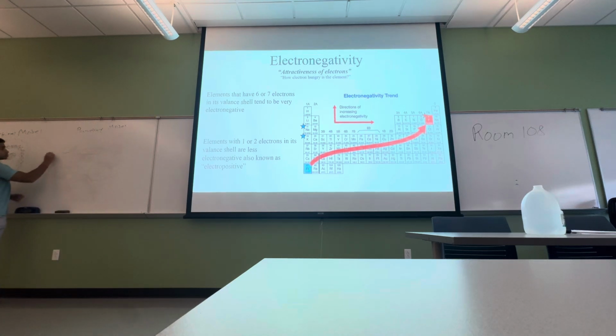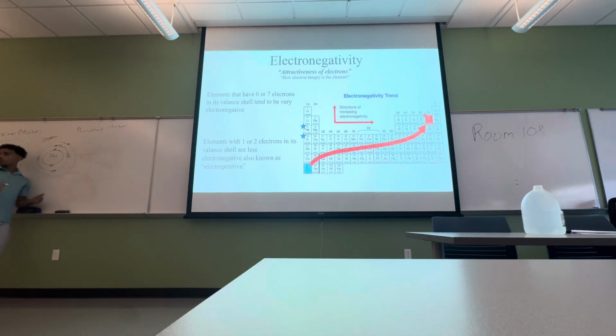Sodium has 11 electrons. So the first orbital is going to have 2 electrons. The second one's completely filled with 8: 1, 2, 3, 4, 5, 6, 7, 8. And then the next one has 1.